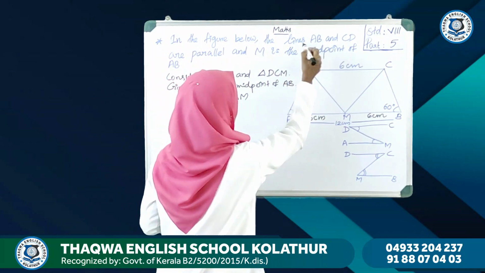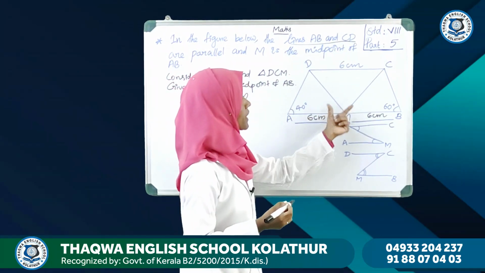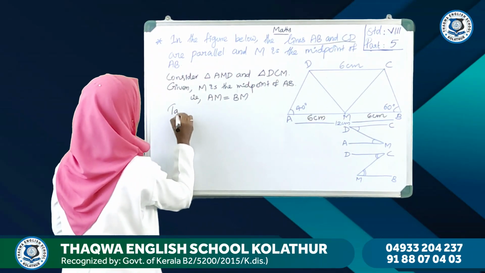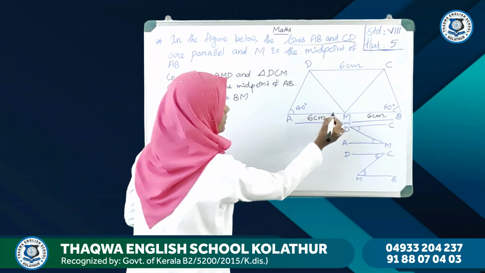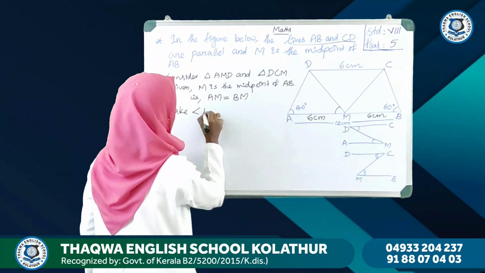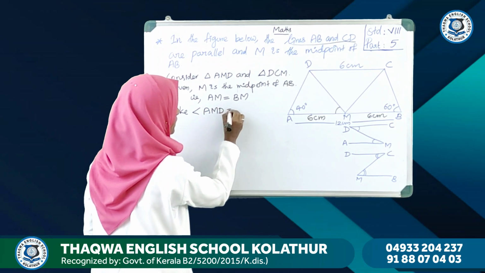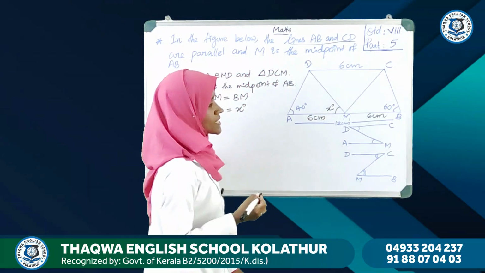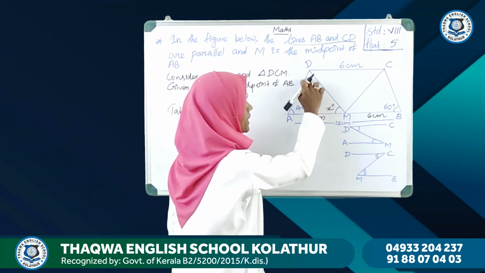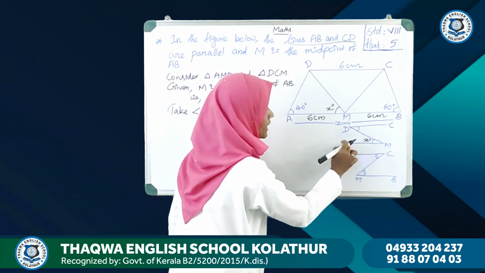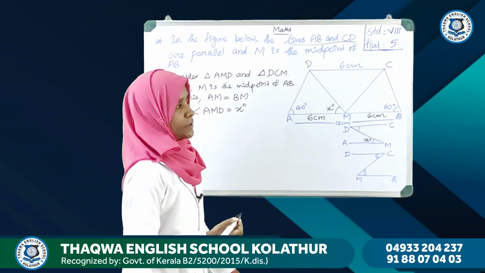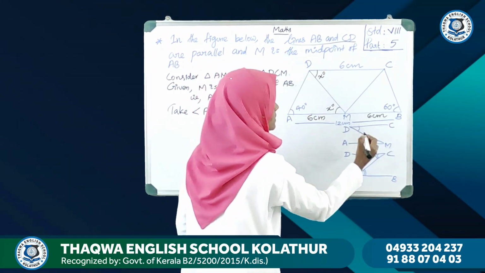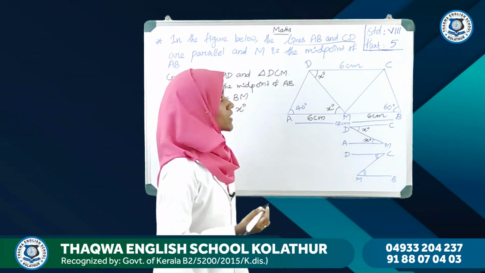Then the other given condition is lines AB and CD are parallel. Take angle AMD equals X. Let us mark angle AMD X degree. So here also angle X. What is that angle?